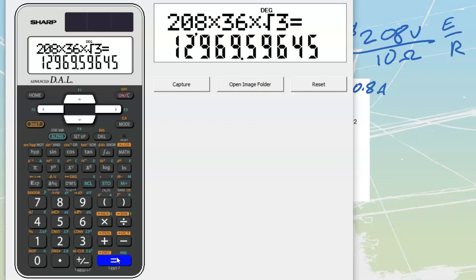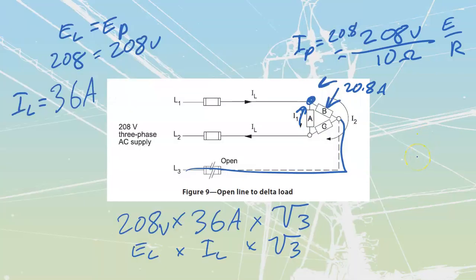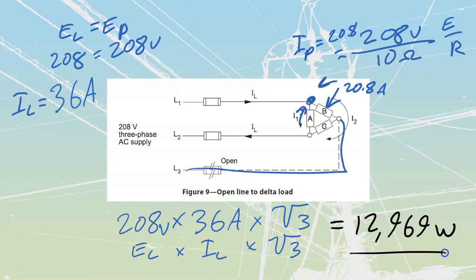That's going to be our total amount of power that this system would normally be putting out. So I'm going to write that down as my original 12,969 watts, the normal power we would have out of this system.